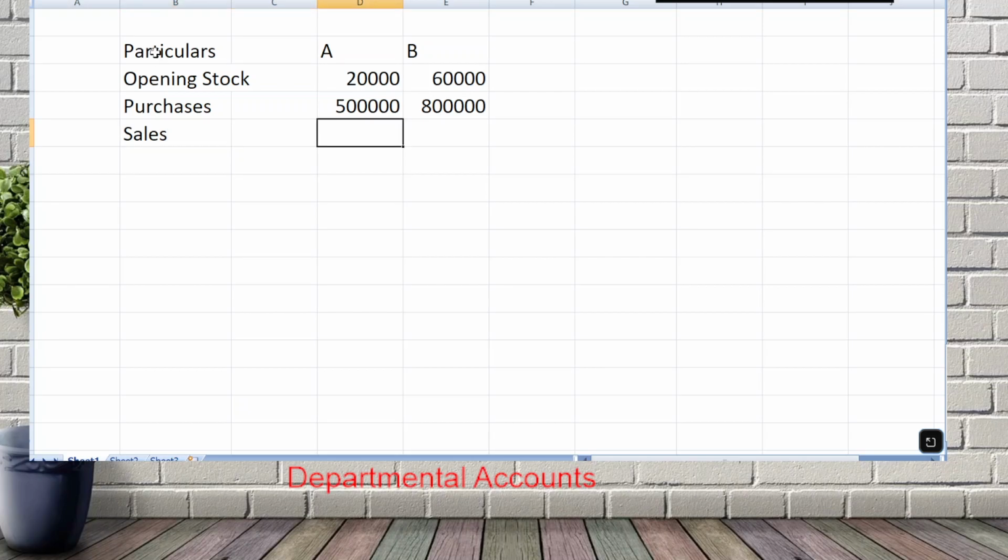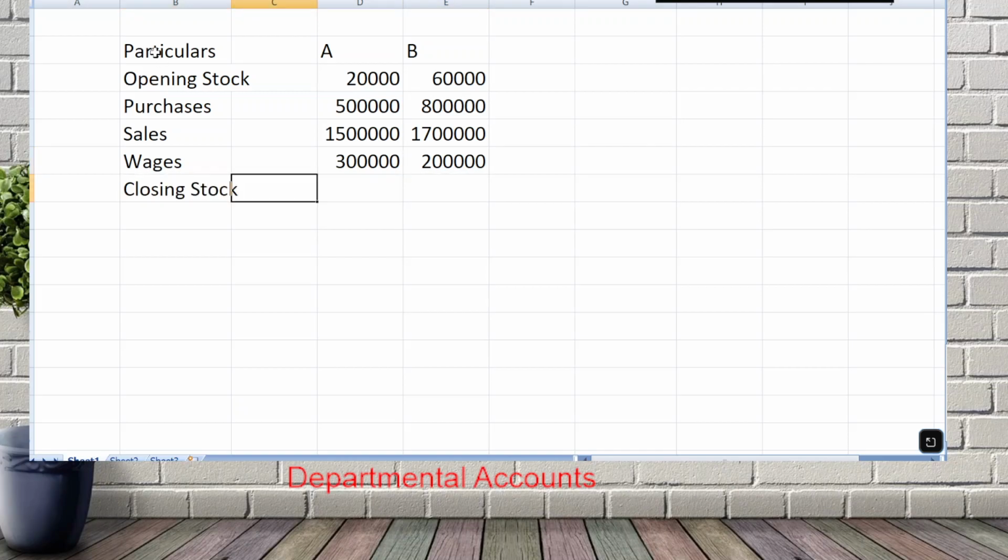Sales 15 lakhs, 17 lakhs. Wages 3 lakhs and 2 lakhs. Closing stock 70,000, 1,30,000.